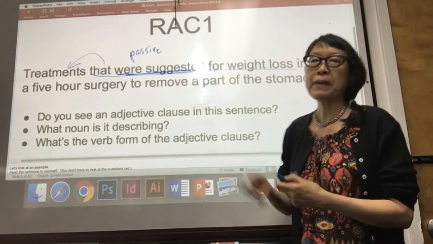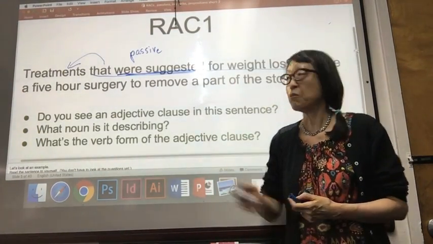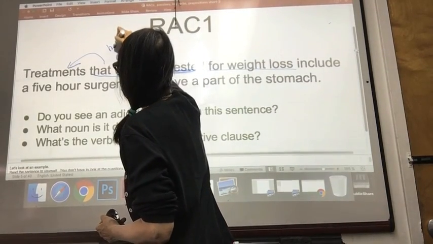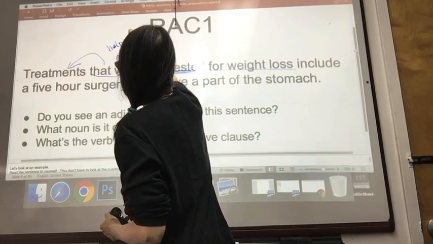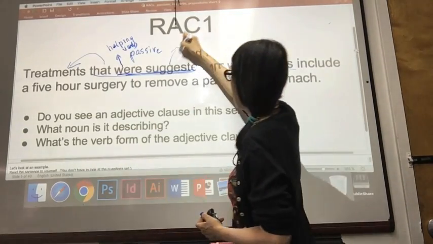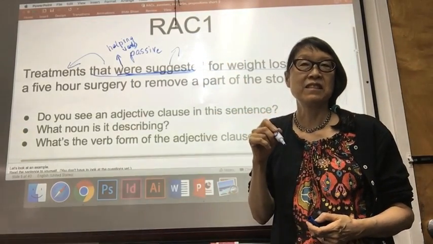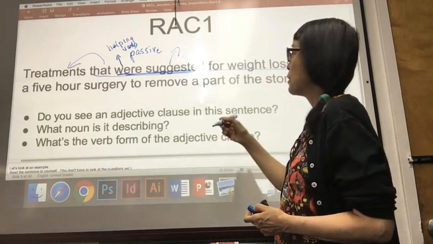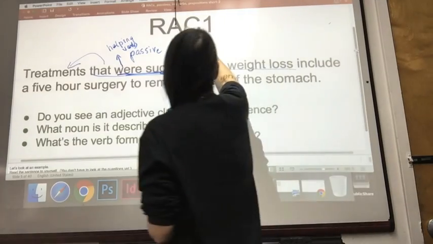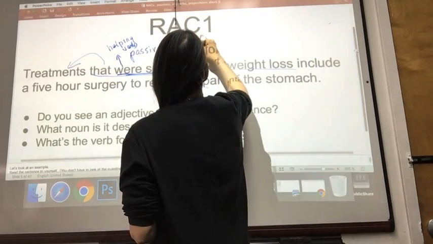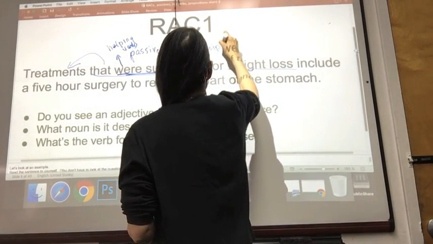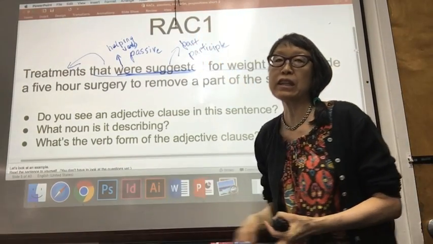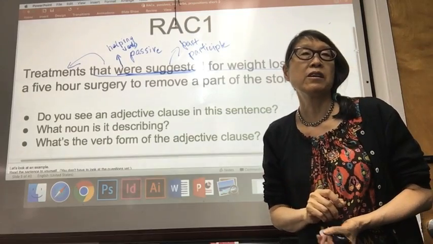So how do we form the passive? Do you remember? What is this word called? Helping verb. Good. How about this word? Participle. Okay, let's all say past participle. Past participle. Okay. So this is a reduced adjective clause using the passive.